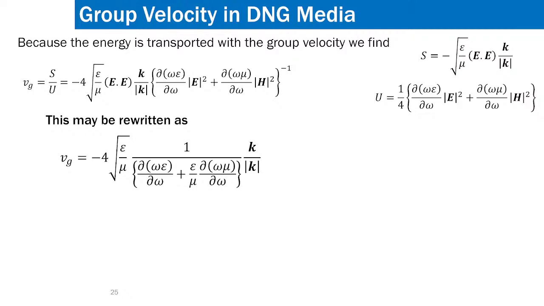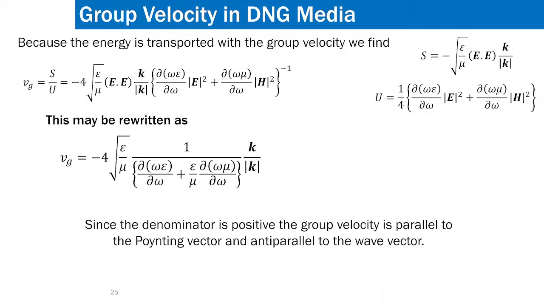K is in the opposite direction to group velocity. Now we can conclude from this, the denominator is positive, group velocity is parallel to Poynting vector and anti-parallel to the wave vector. So this gives us negative group velocity. So with that, we will stop for today's discussion.